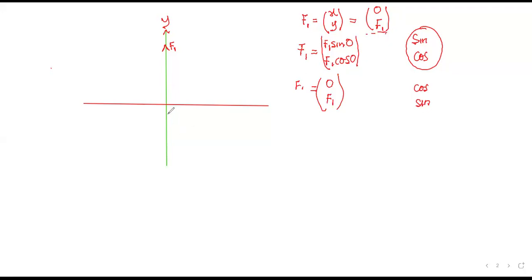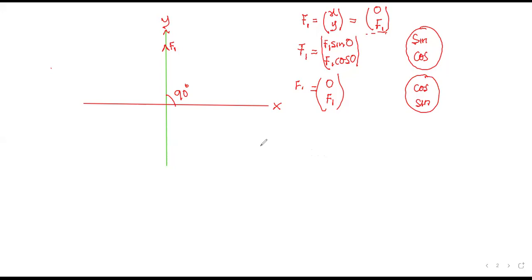We can also use the angle it makes with the x-axis. What angle does F1 make with the x-axis? 90 degrees. So if you want to use the angle it makes with the x-axis, I told you the order of the component becomes cos sine. So take notes.